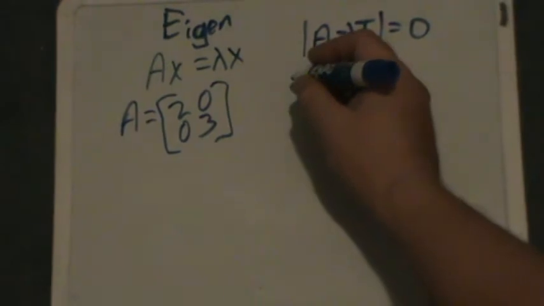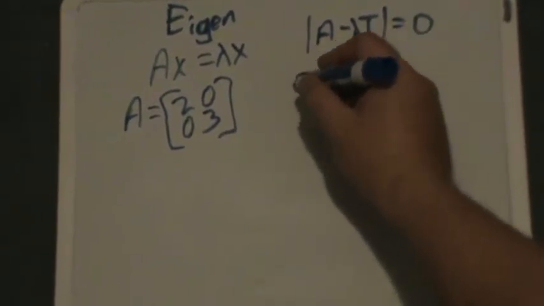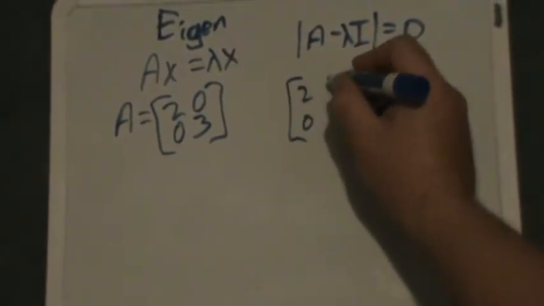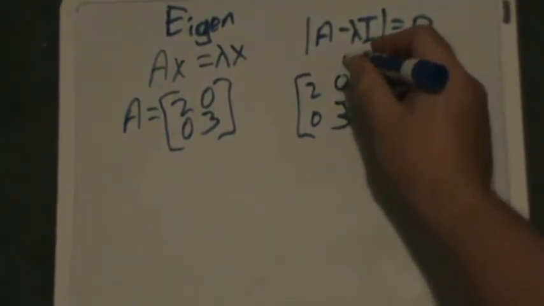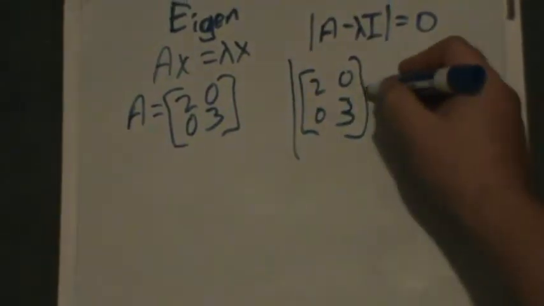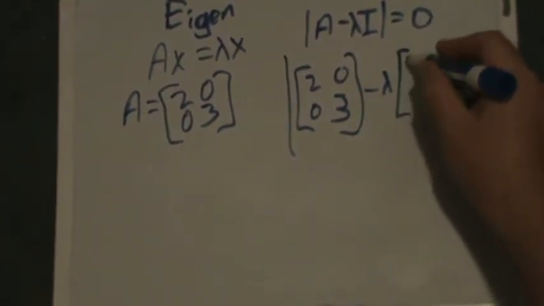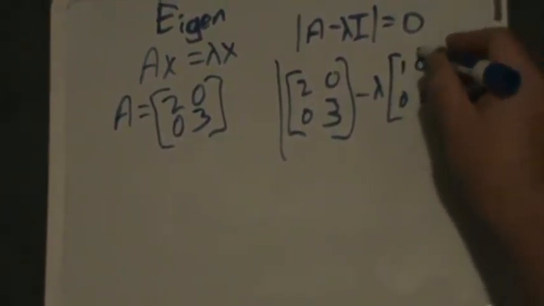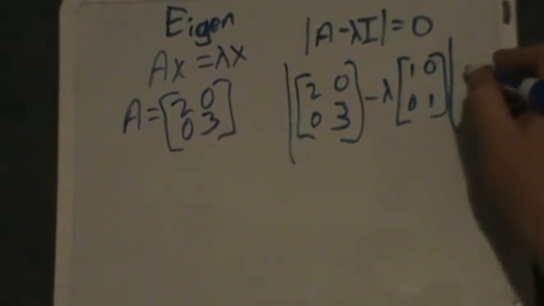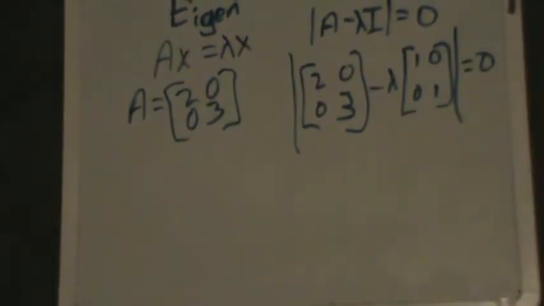Let's stick it in and calculate this. Now, A is 2, 0, 0, 3. We take the determinant of A minus lambda times the identity, where lambda is an unknown value at the moment, and the identity is 1, 0, 0, 1 in the 2 by 2 case, and we want that to be equal to 0.